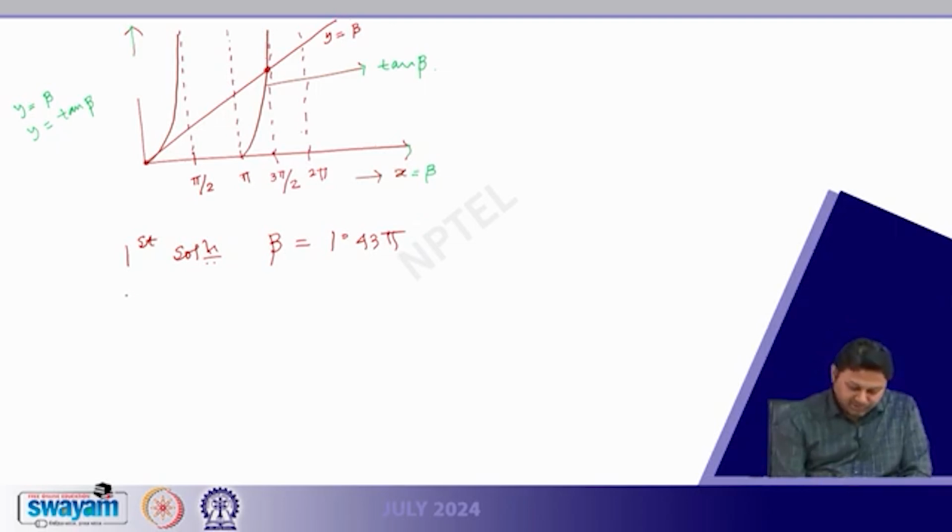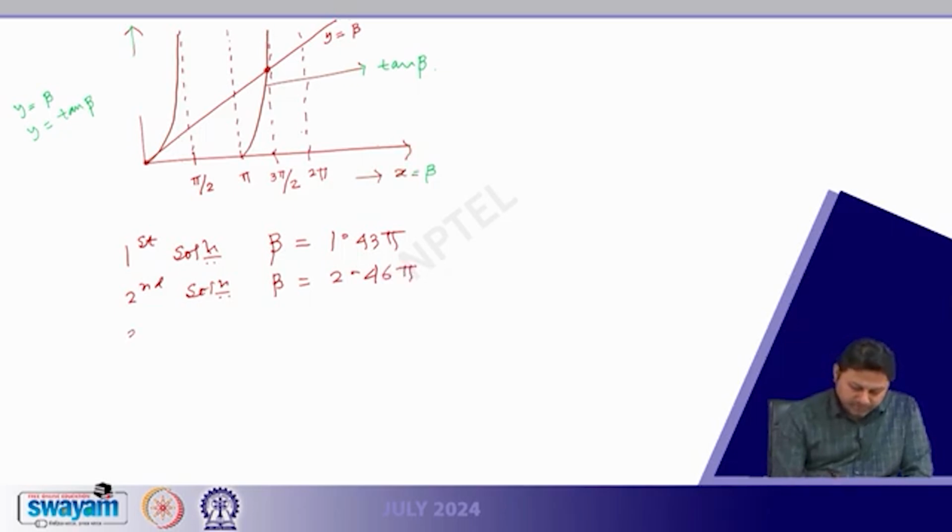The second solution will be when beta equal to 2.46 pi.